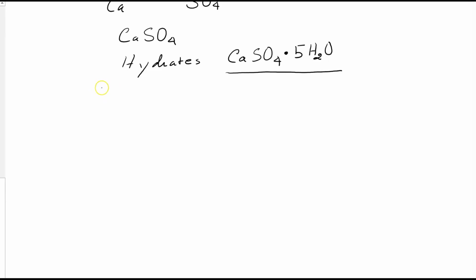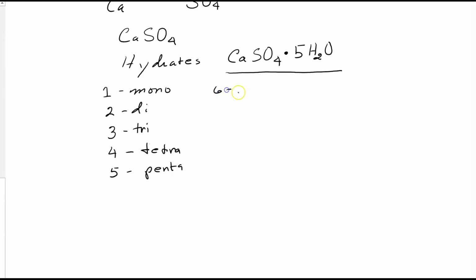You may recall those are presented as one would be mono, which is typically not used. 2 would be di. 3 would be tri. 4 is tetra. 5 is penta. 6 is hexa. 7 is hepta. 8 is octa. 9 is nona.